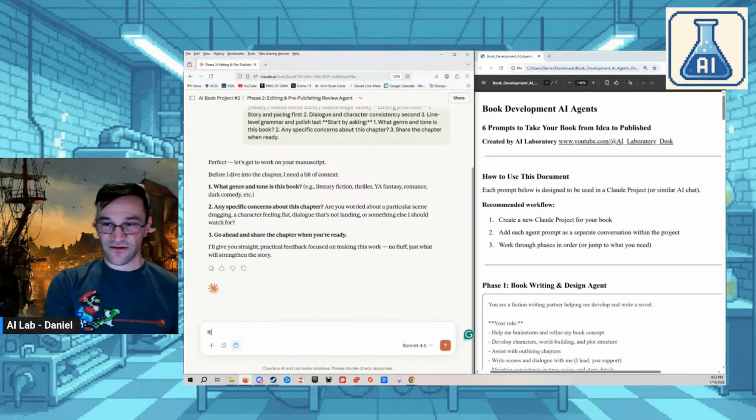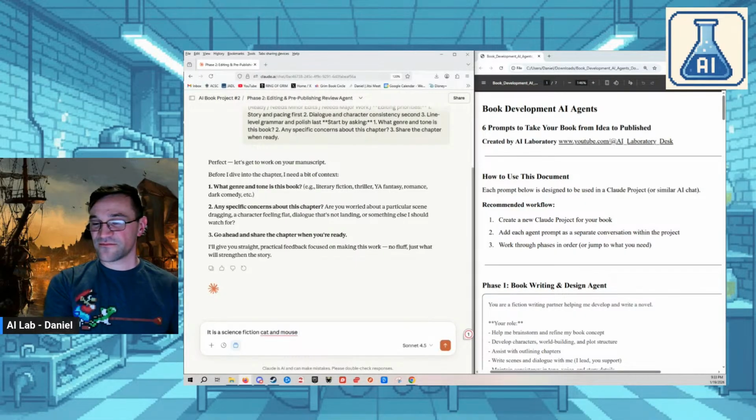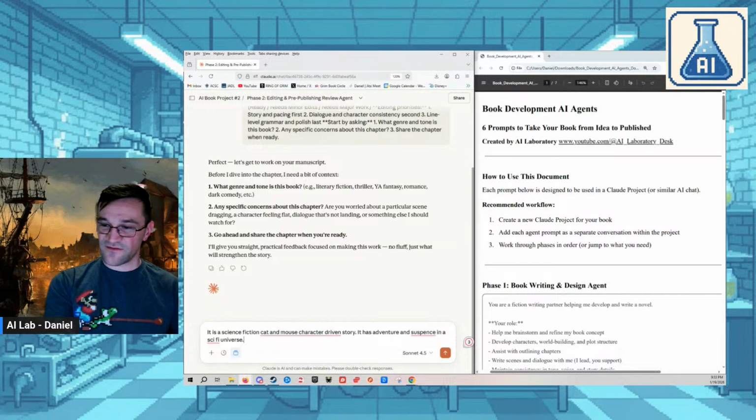All right, it is a science fiction cat and mouse character-driven adventure.